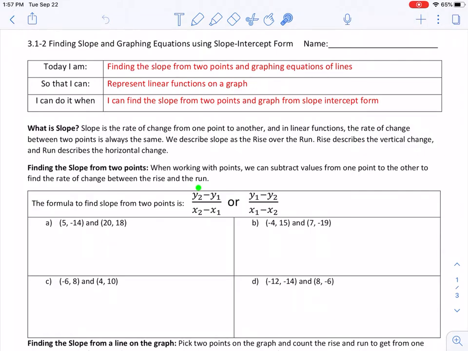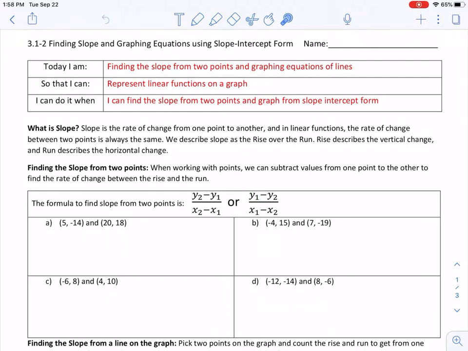The first is the one that I grew up using and probably many math people, which is y2 minus y1 divided by x2 minus x1. And if you notice here, our 2's are stacked and our 1's are stacked. So we do our second y term minus our first y term and our second x term minus our first x term.